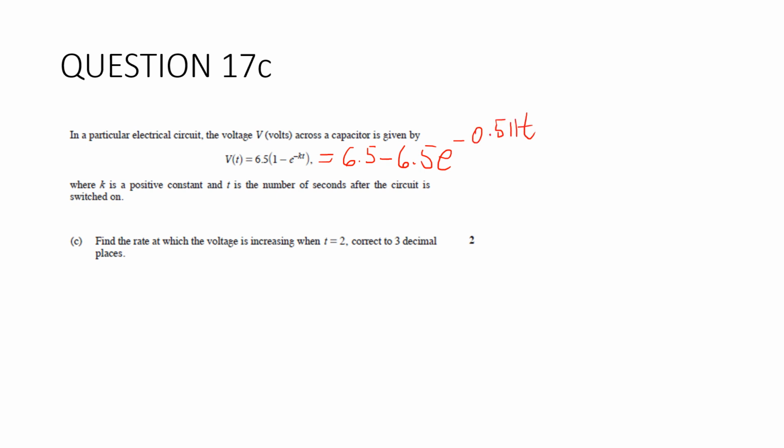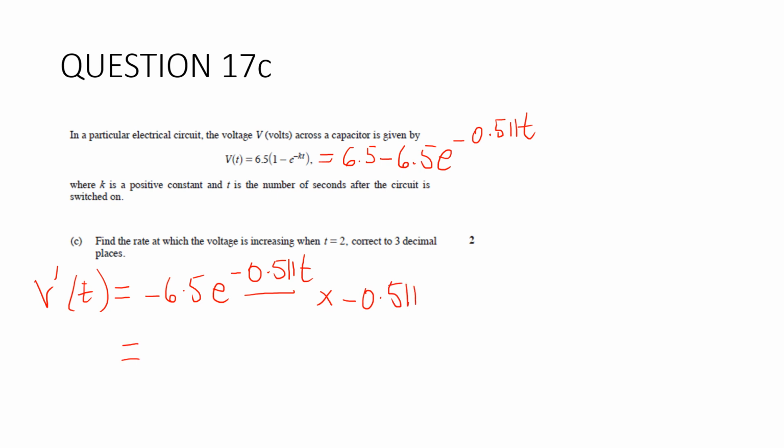So V dashed of t is equal to negative 6.5 e to the negative 0.511 t times by the derivative of the inside function, which is negative 0.511, equals 6.5 times 0.511, which is 3.3215. 3.3215 e to the negative 0.511 t.